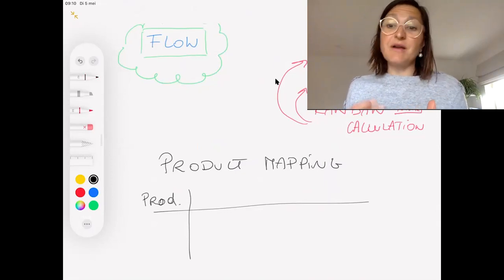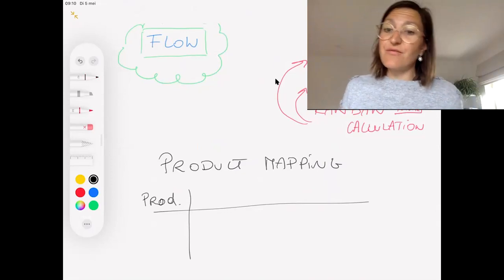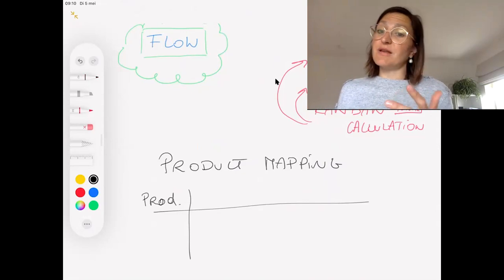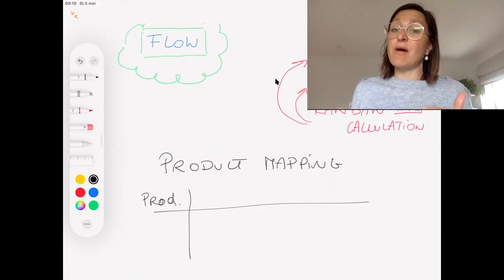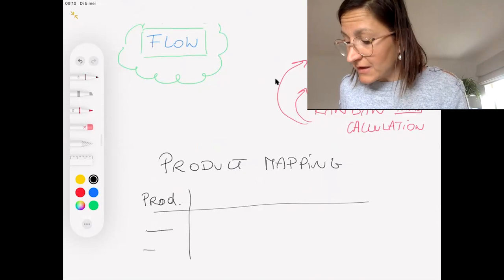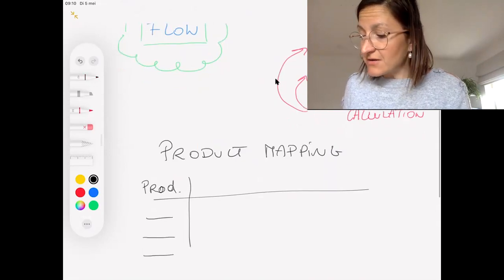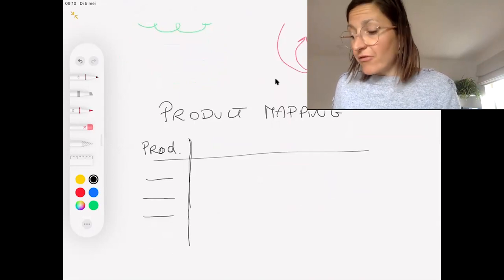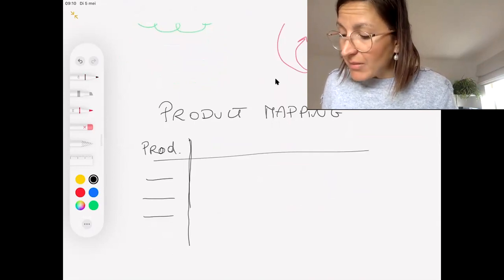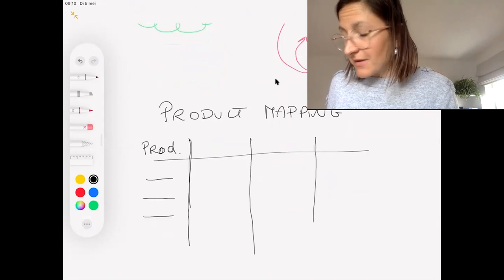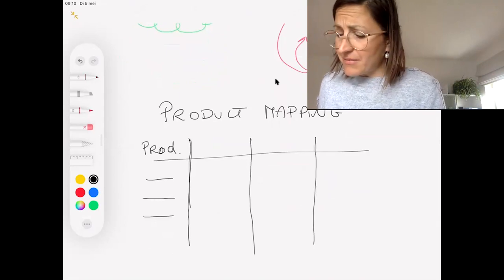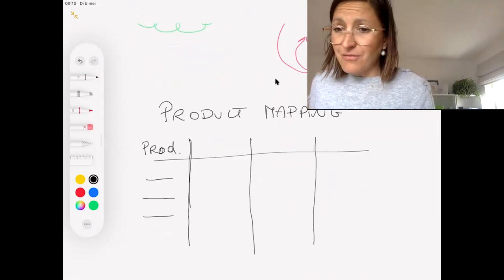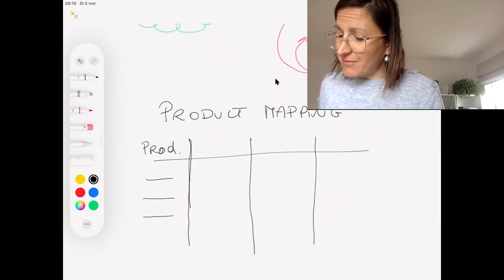So for example, if you are in maintenance and you do preventive and corrective maintenance, and you might have corrective with high priority and low priority. So you might have all these types of products. And to look at a couple of features. And I'm just making these up right now, but I will look for a more in-depth study.